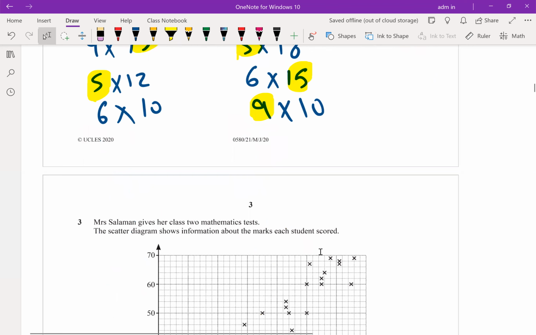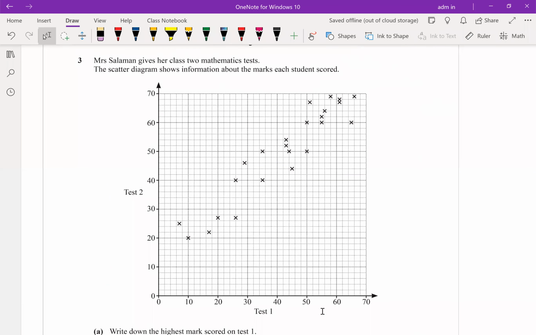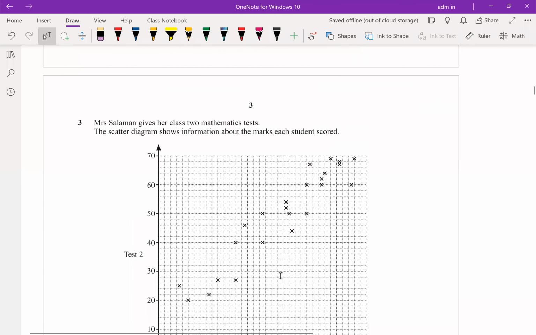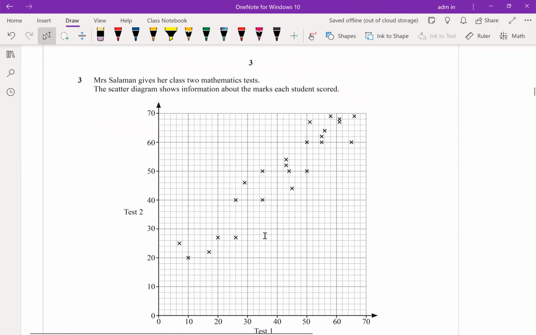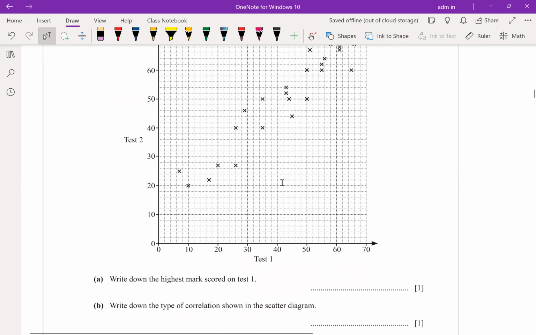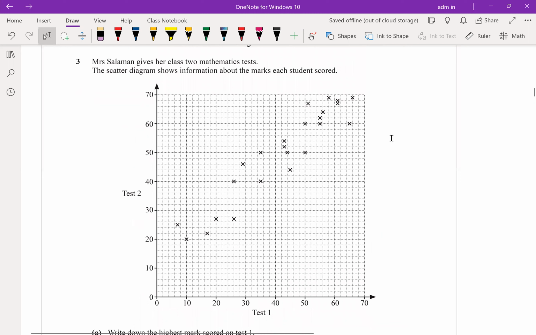For plotting the table, it's not given here, but if the table for test 1 and test 2 is given, we have a class and we have 2 tests, test 1 and test 2. The dotted points represent the marks.